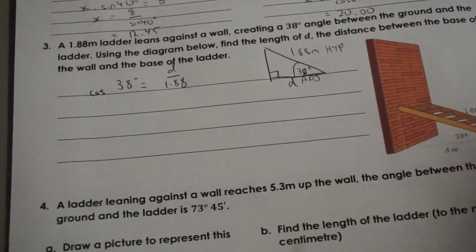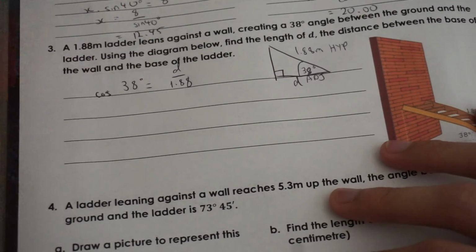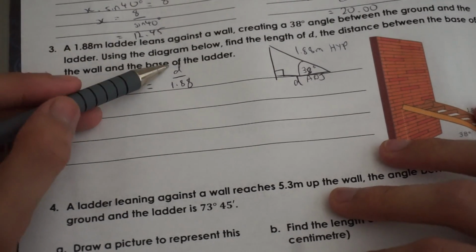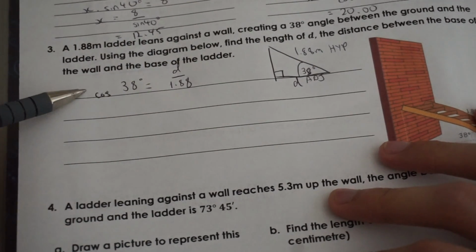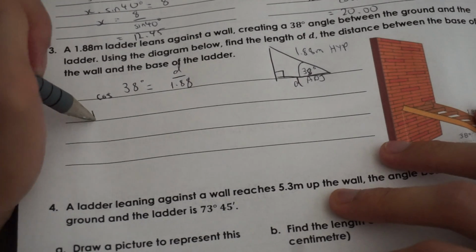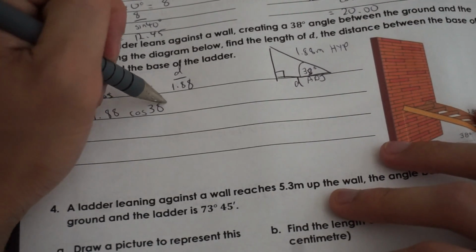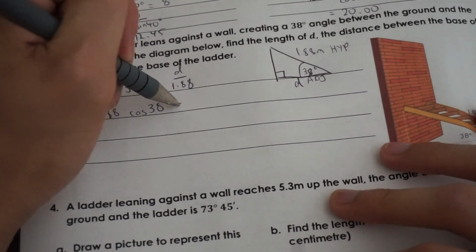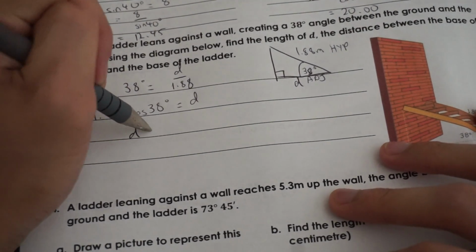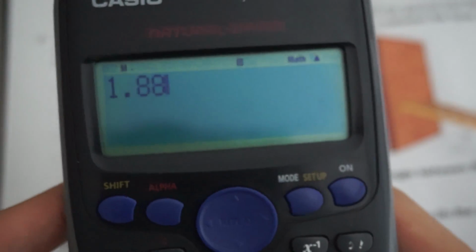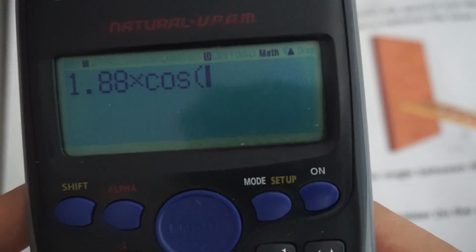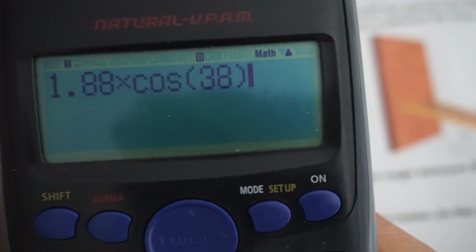Then all I need to do is solve for D, and this one's a lot easier because D is in the numerator this time. So all I have to do is multiply both sides by 1.88, and I'll just get D. So now I can easily find a value for D. That's just going to be 1.88 times cos 38.